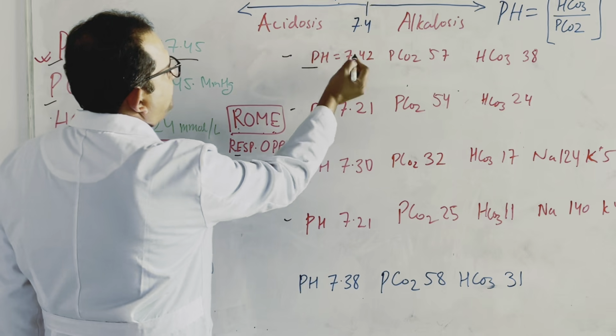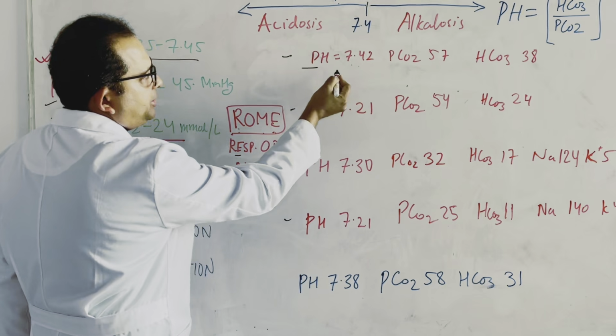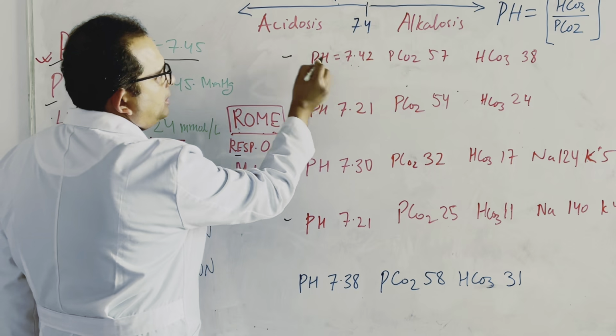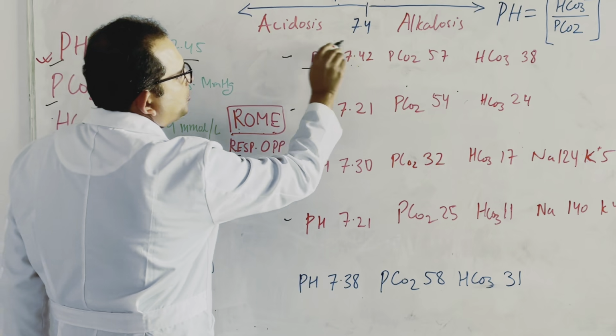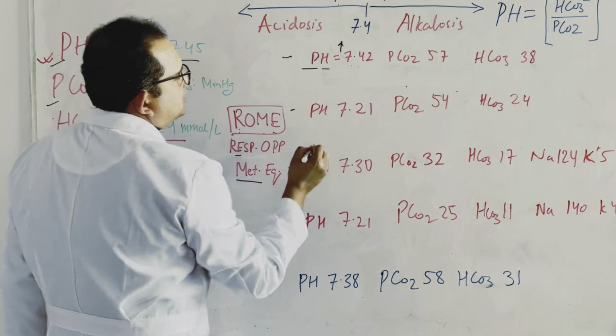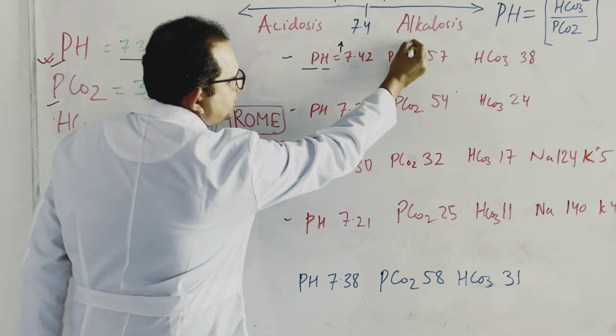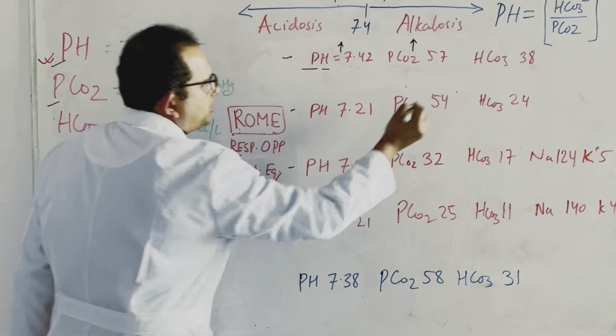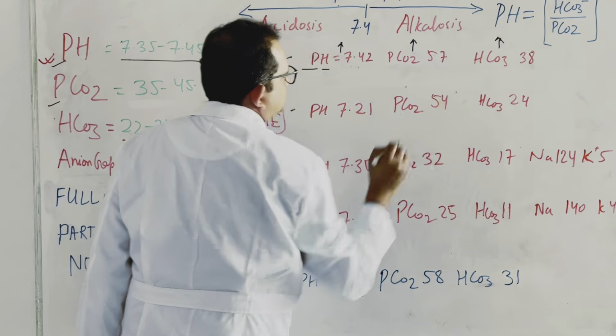pH. So is pH normal or increased? It is normal, but it is towards which side? Alkalosis. So the pH is increased. What about the PCO2? It is increased. What about the HCO3? It is also increased.